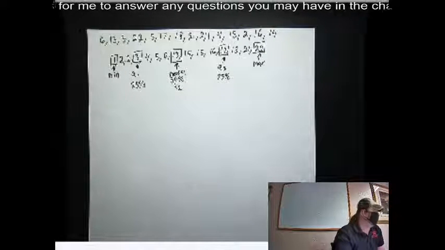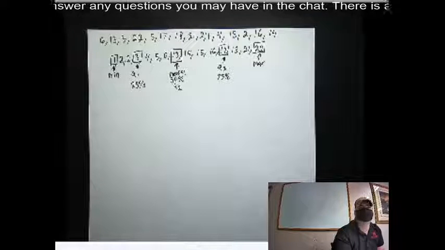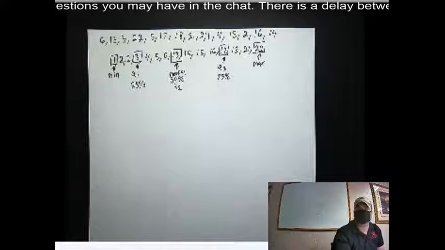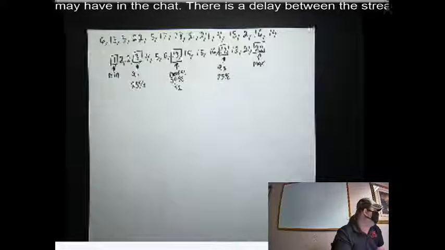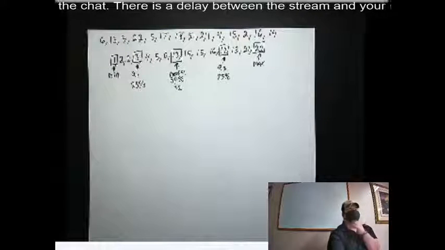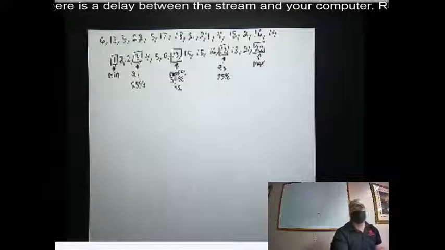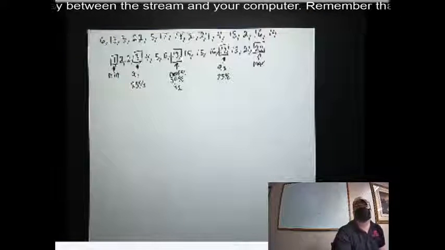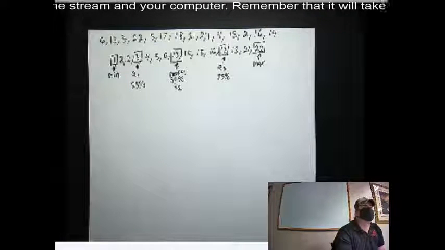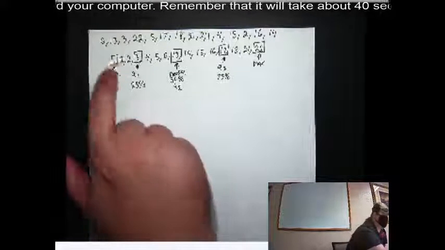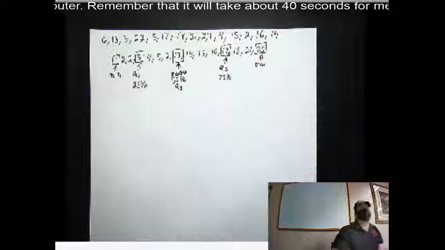Okay? Any questions? None? All right. What we've just done here is something called a 5-number summary. So 5 numbers, 1, 2, 3, 4, 5 numbers.